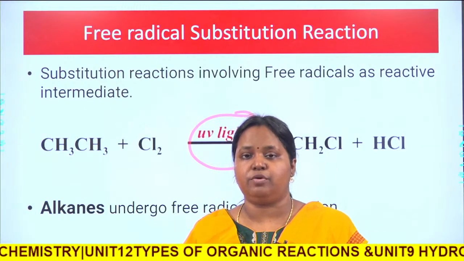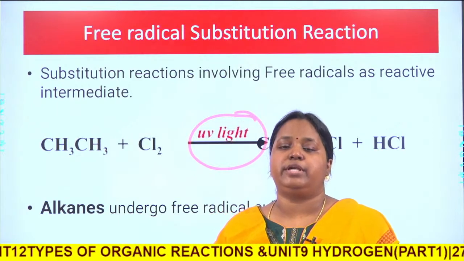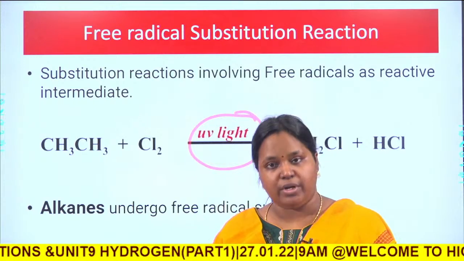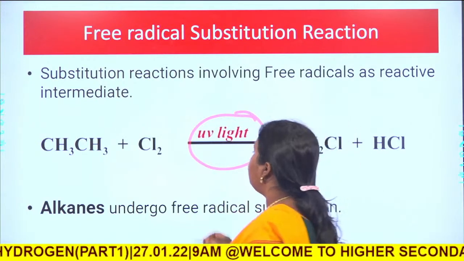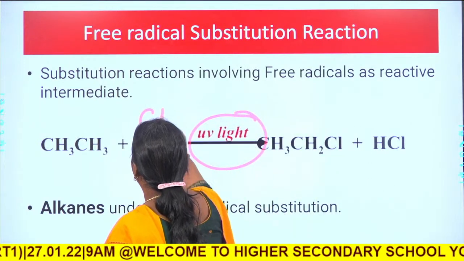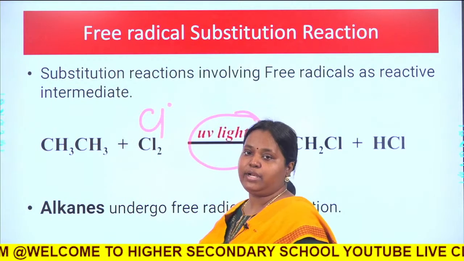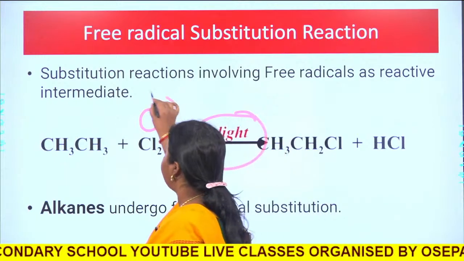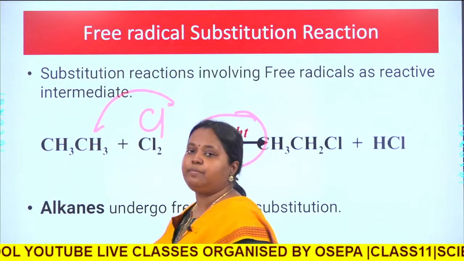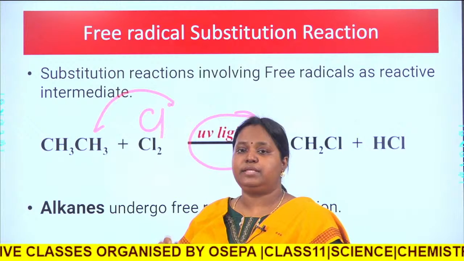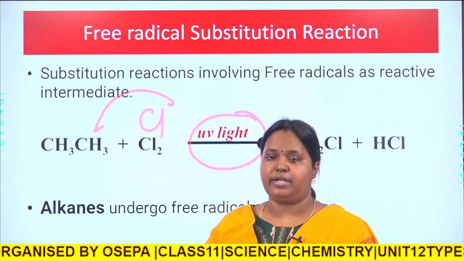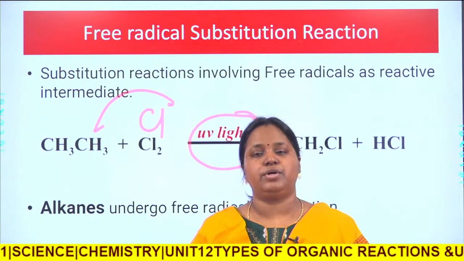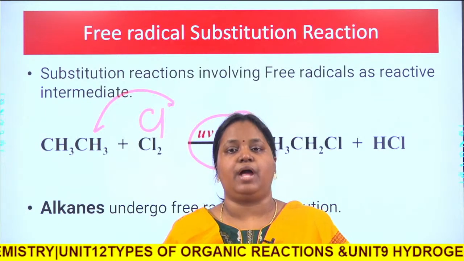So in the presence of UV light the chlorine gets homolytically broken and a chlorine free radical comes out. This chlorine free radical brings about the substitution reaction by attacking this carbon. Since this reaction is initiated by a free radical, it is named free radical substitution, and this will be discussed in detail in your alkane chapter.